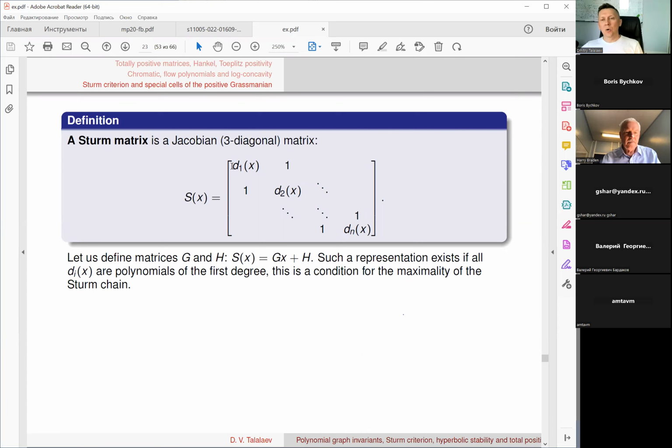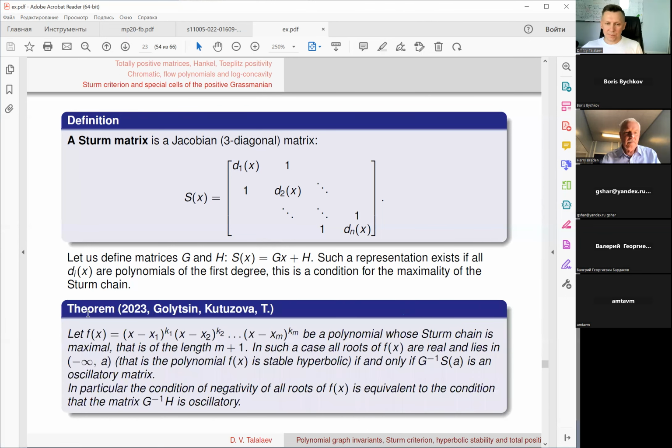In this case, all factors here are just linear polynomials, and in this case, we can represent the Sturm matrix as a linear function of X with just the constant matrices G and H.